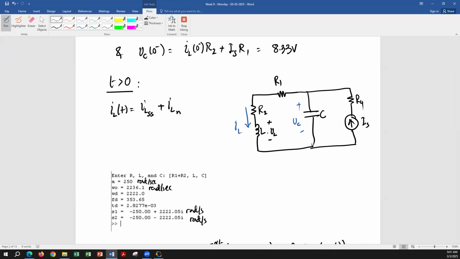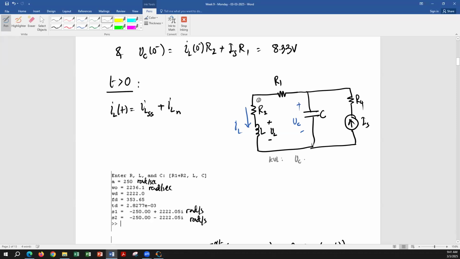Okay, use KVL in the left loop, I'm assuming you're saying, right? So what will be the equation of KVL in this loop? Okay, so negative VC plus iL(0 positive) times R1 plus R2 plus VL is equal to 0, right?